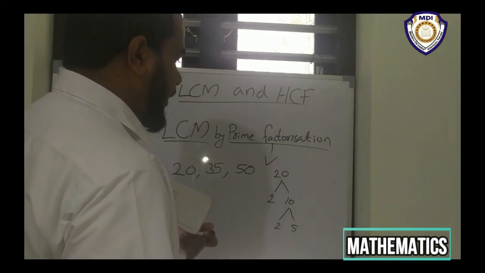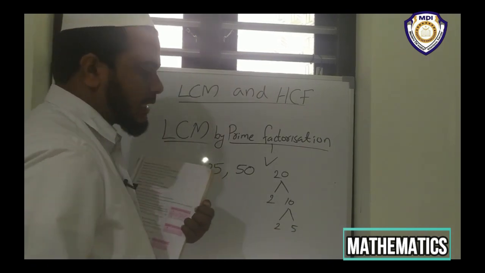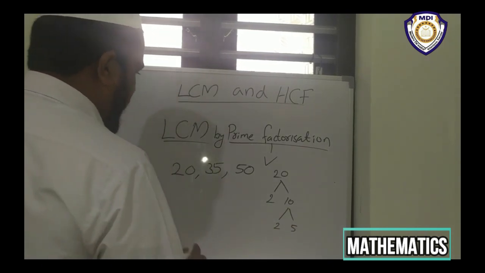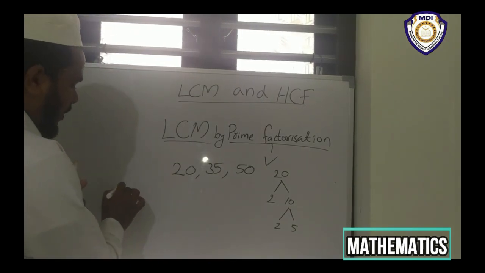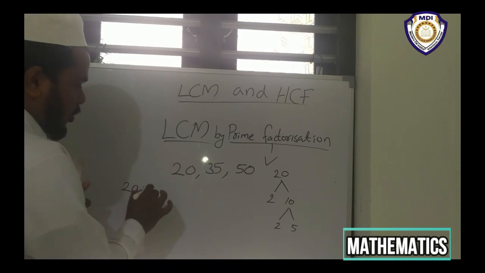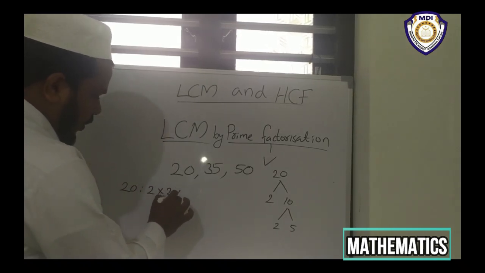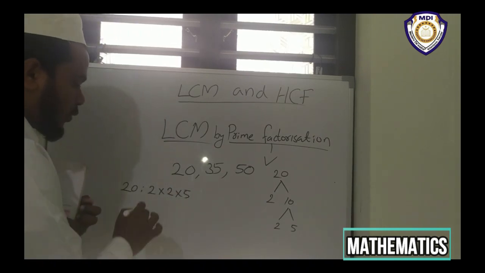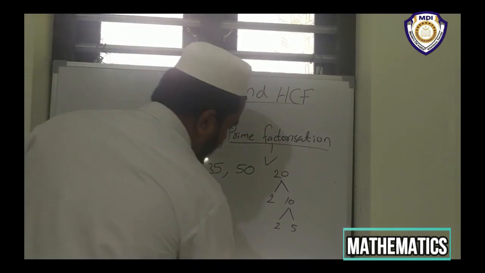Then how many factors? 2, 2, 5. These are the prime factors. So the prime factors of 20 are 2 into 2 into 5.